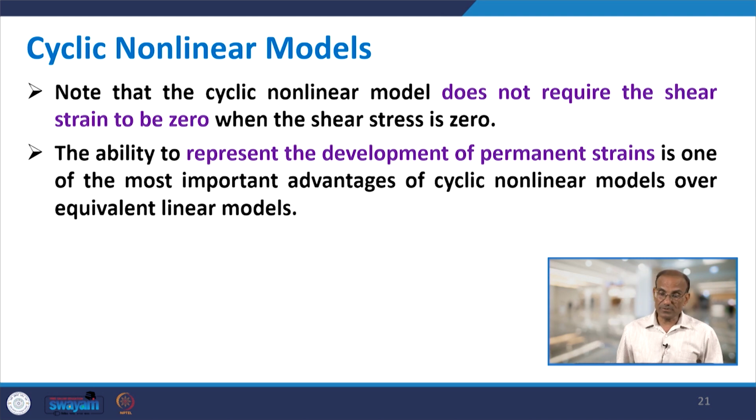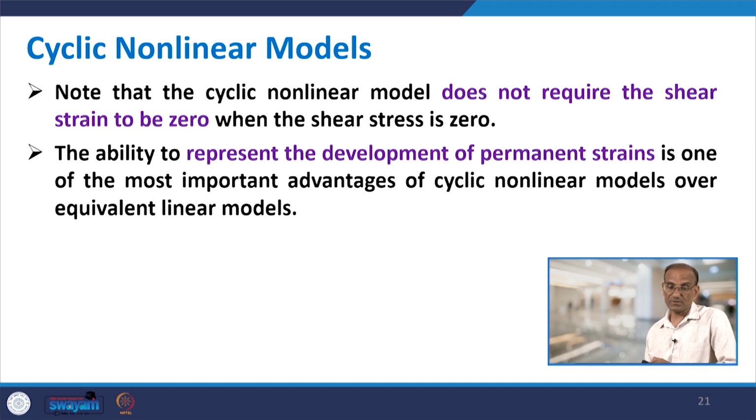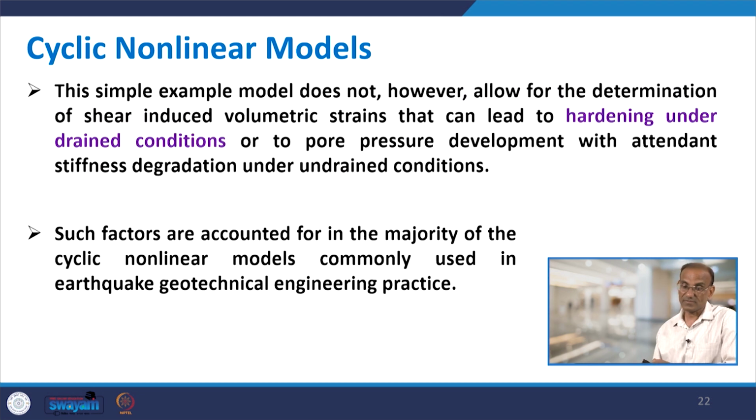The ability to represent the development of permanent strain is one of the most important advantages of cyclic nonlinear models over equivalent linear models. Permanent strain means you remove all the load, so stress is 0, but your strain is still not 0. You get permanent strains in cyclic nonlinear models, but that was not the case for equivalent linear models.